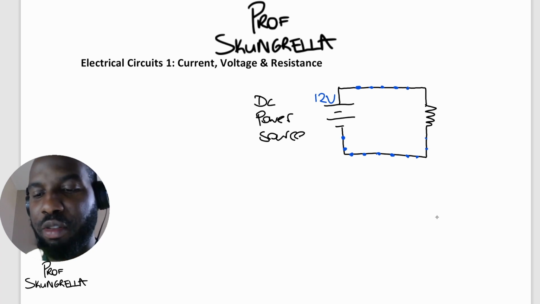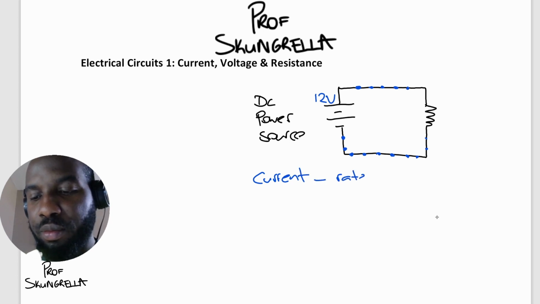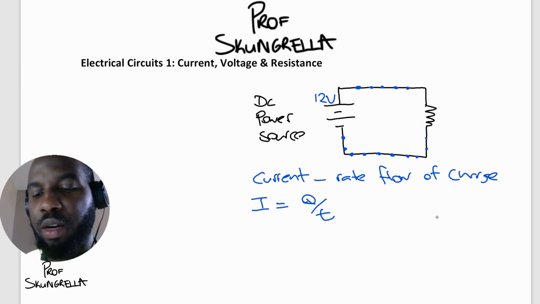So let's start with defining current. Current is the rate of flow of charge. In other words, we can write an equation for current: I is equal to Q over T. Current is charge over time, right?